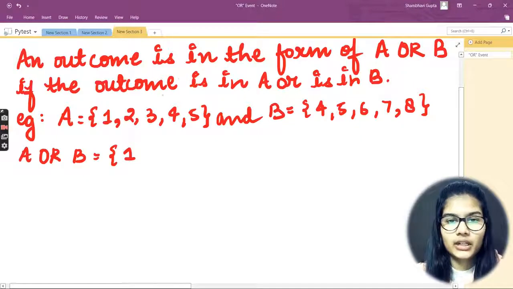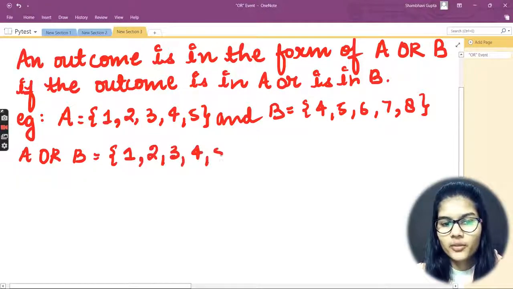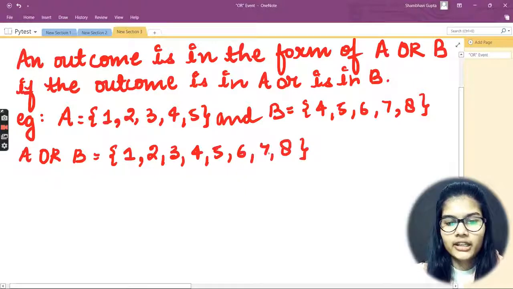So if that outcome is in event A as well as in event B, it will be written only once in the final answer. So it will be in the form 1, 2, 3, 4, 5, 6, 7, 8. This is how A or B will be.